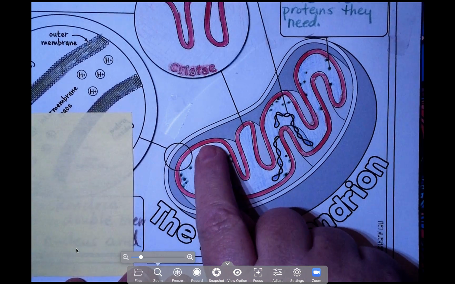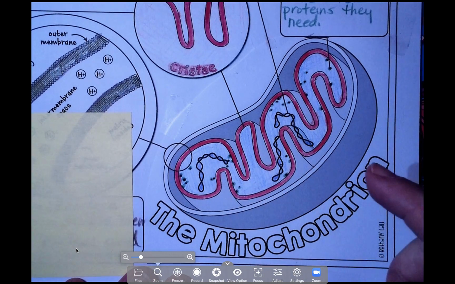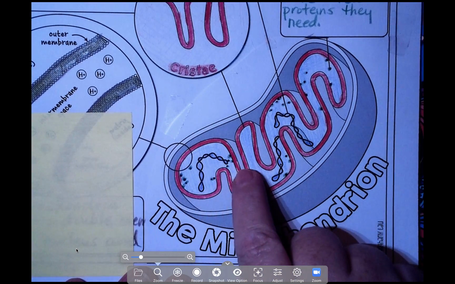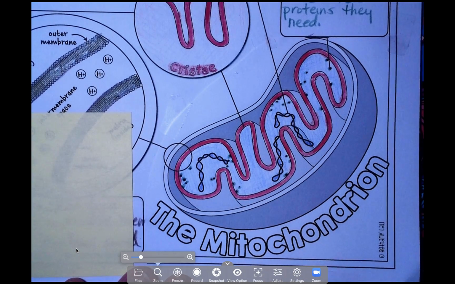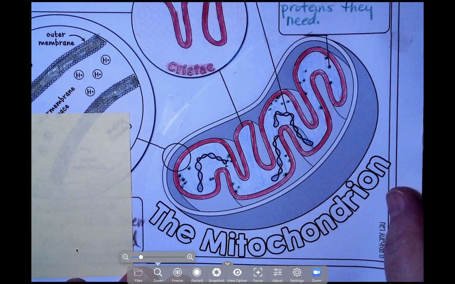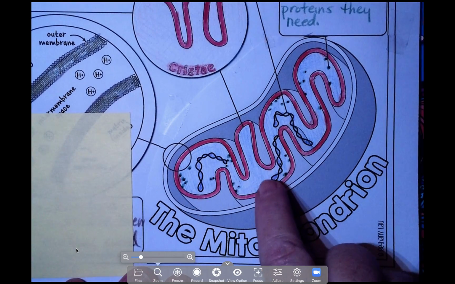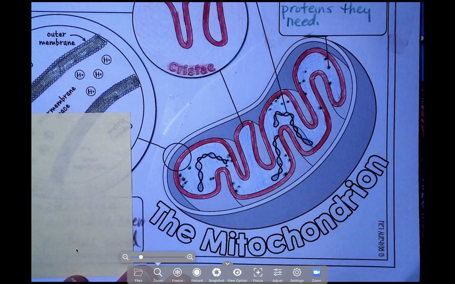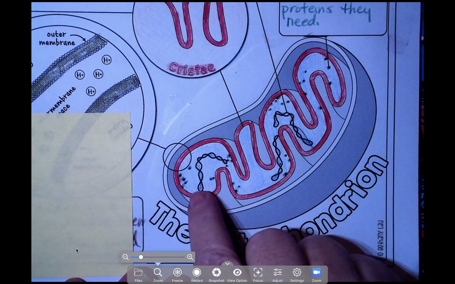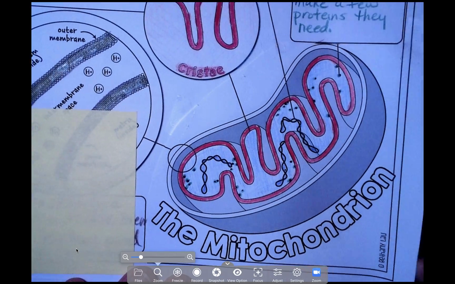So if you look at the inside of a mitochondria, or mitochondrion for singular, you'll see that it's got all of these folds, right? That increases the surface area, the places where the chemical reactions can occur. If we also look in here, we can see that it has the strands of DNA, right? That it needs to be able to make its own proteins, and if it's going to make its own proteins, then we also need to have the little ribosomes.